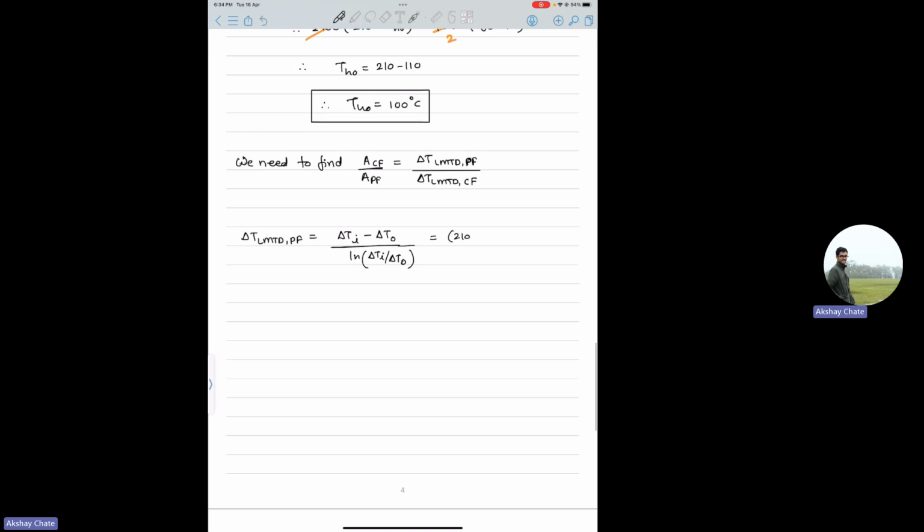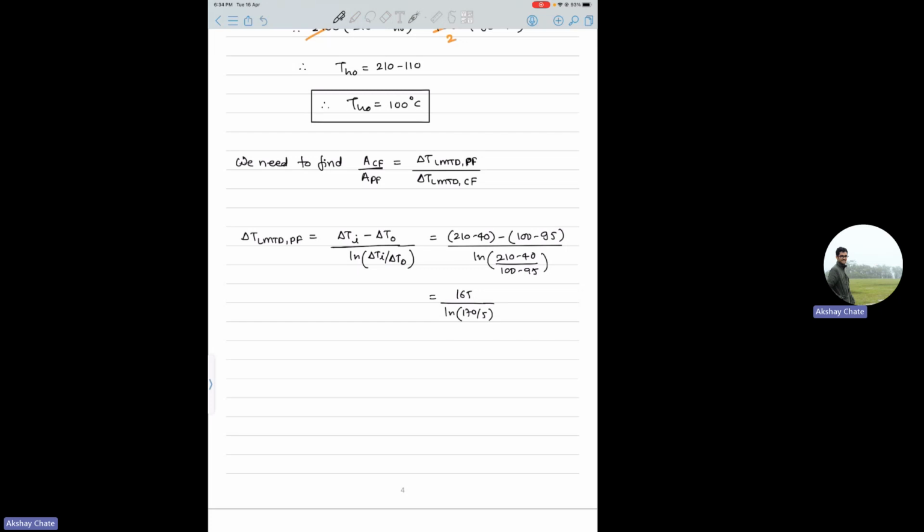At the outlet it is 100 minus 95. So it is 170 minus 5, which is 165, divided by ln of 170 by 5.